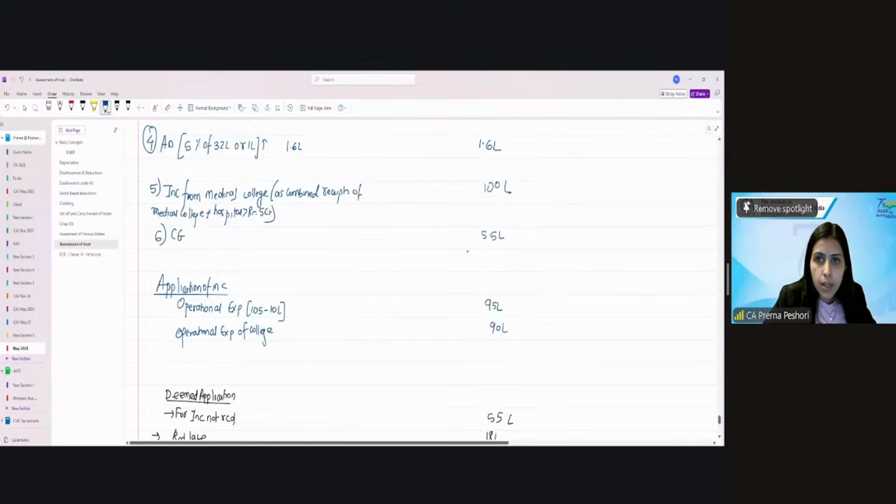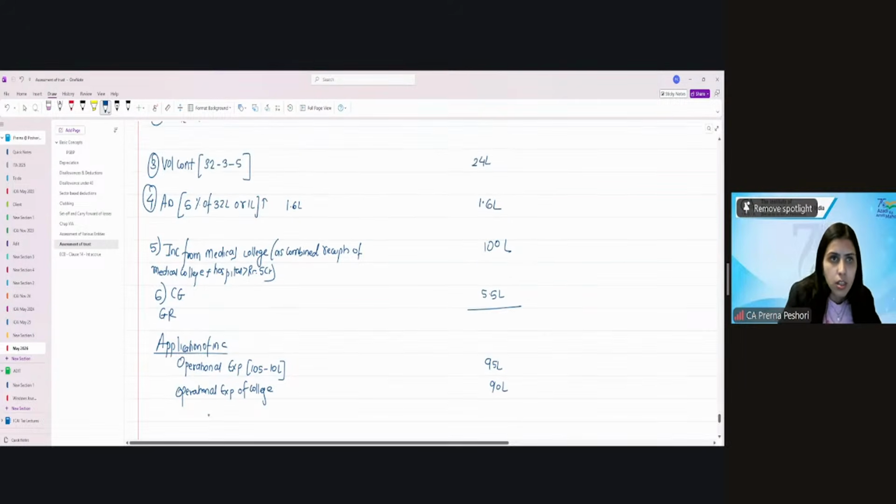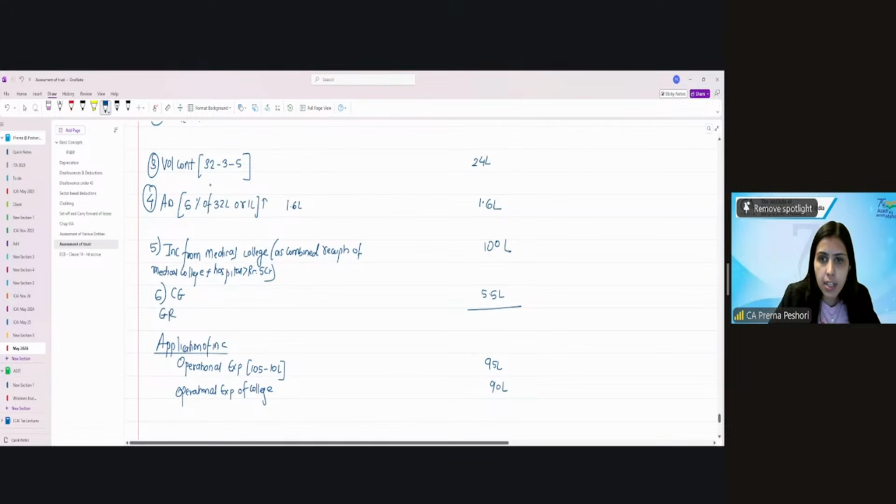Now here my gross receipts are going to be how much? 393 plus 224 plus 1.6 plus 100, 526.1 lakh. Yes, everybody getting that? Yes, 526.1.